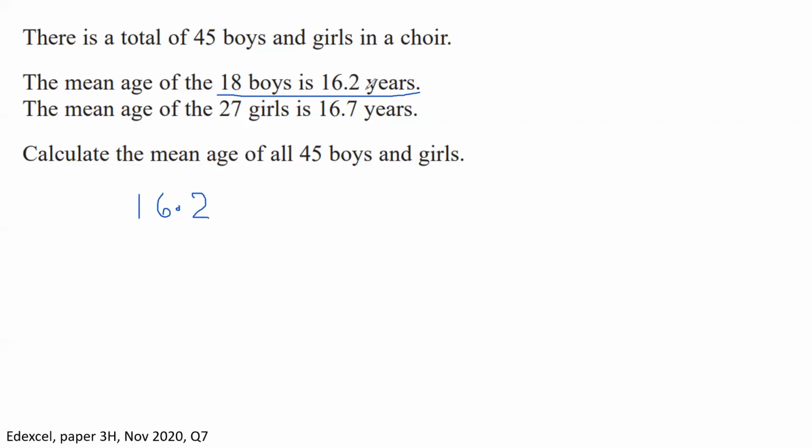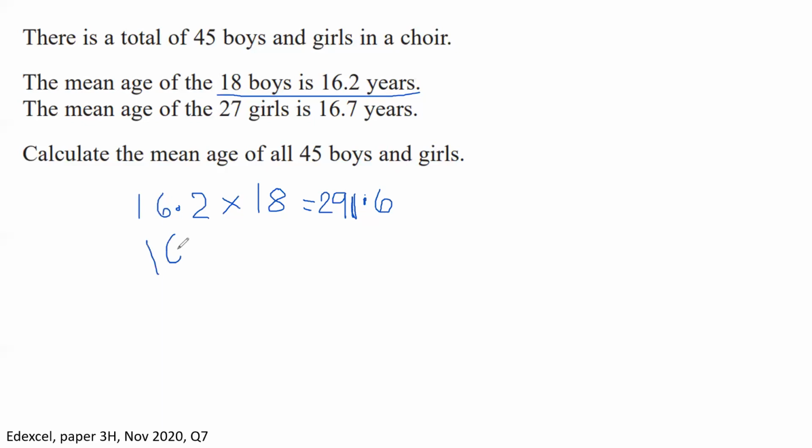We know that on average it's 16.2, so if we do 16.2 times 18, that will give us the total age for all of the boys. If we do that, we get 291.6. Put the decimal point in the wrong place. 291.6. And then we can do exactly the same for the girls.